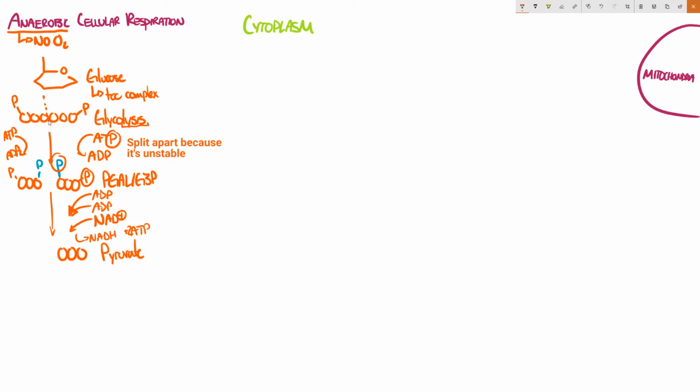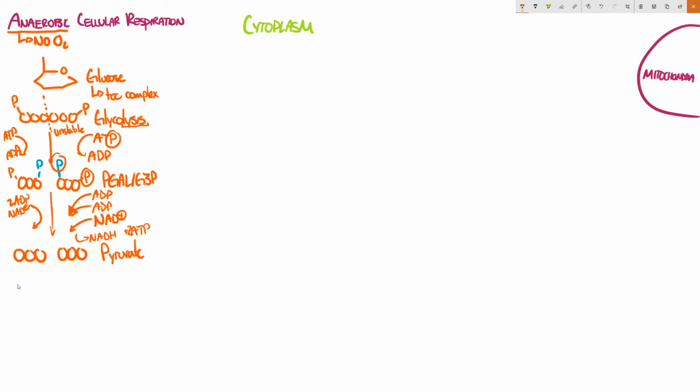Remember that when we attach these phosphates, it becomes unstable. It's going to split apart, and we have 2 glyceraldehyde 3-phosphates. So for this one, it's the exact same thing that's going to happen. We're going to require the help of 2 ADP and an NAD+. So 2 pyruvate molecules. Lovely, fantastic.